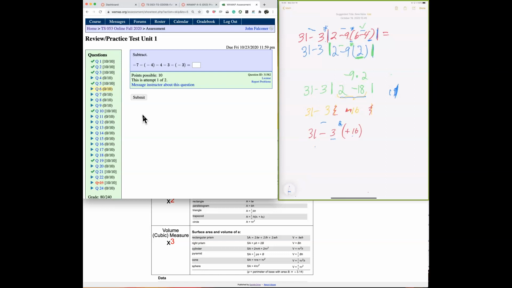So we just want to have one operation between numbers. When you subtract a negative, it's the same as adding a positive. So we're going to rewrite this as plus 4 and rewrite this as plus 3. So we have negative 7 plus 4 minus 3 plus 3. Okay? Does that make sense?